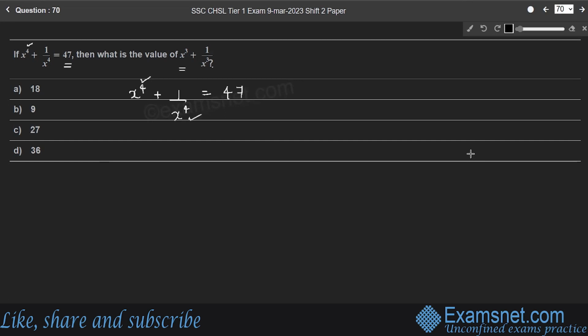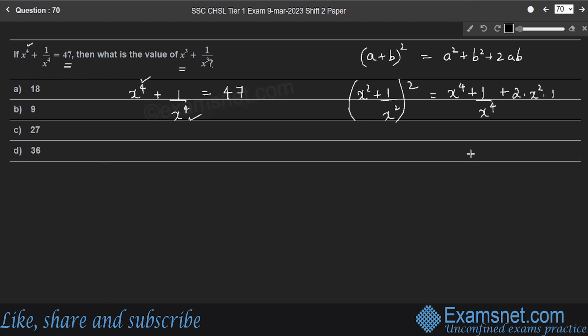For that, let us consider the formula a plus b whole square is equal to a square plus b square plus 2ab, right? In place of a plus b whole square, I'll take x square plus 1 by x square, the whole square. It becomes x raised to 4 plus 1 by x raised to 4, a square plus b square plus 2 times a is x square into b is 1 by x square.